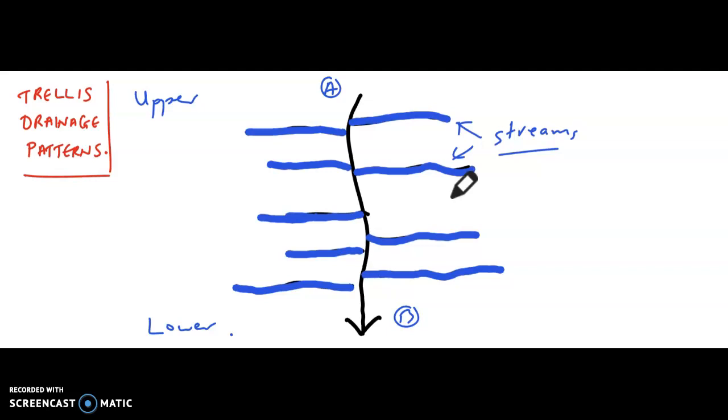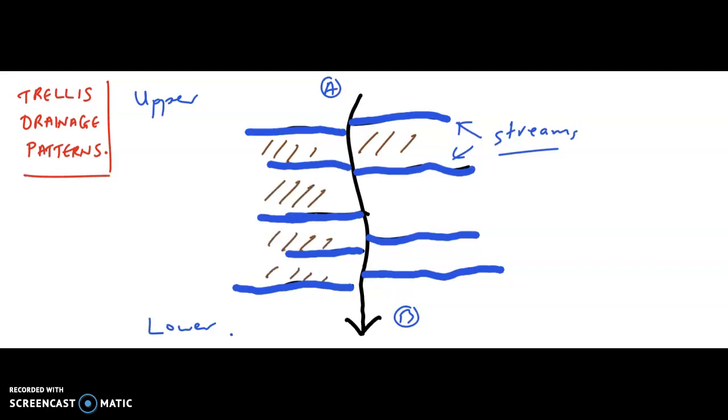However, we must bear in mind that the streams themselves are upheld or retained. The water is retained on the surface. This is the reason why an aerial view would allow us to see these particular streams on the surface of the land. So what I'm trying to say is that trellis drainage patterns possess streams which merge towards the main channel, which is in black. As we can observe on the screen, there are certain block-like formations between said streams.